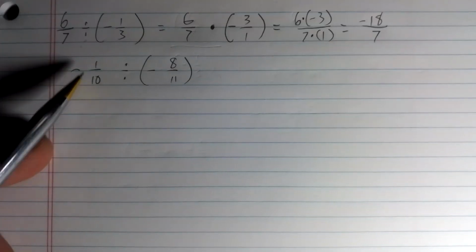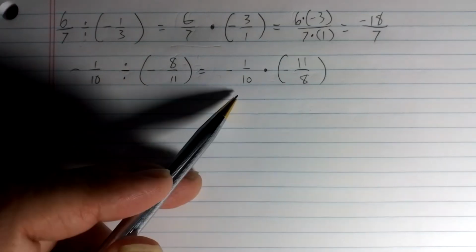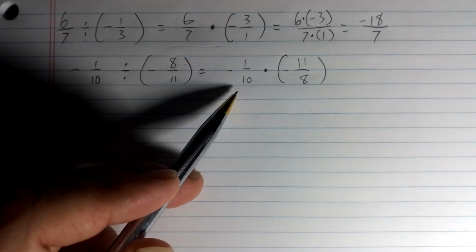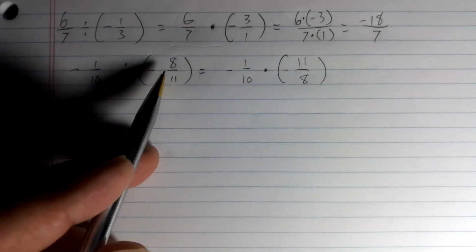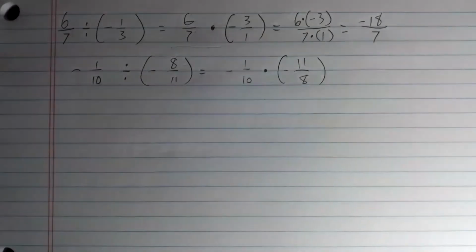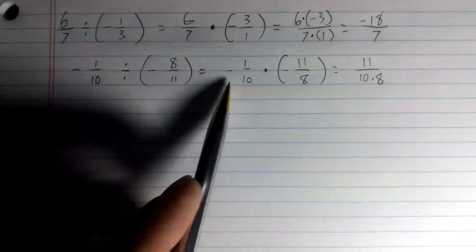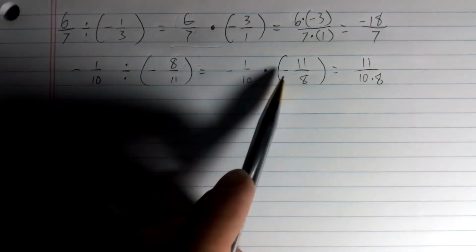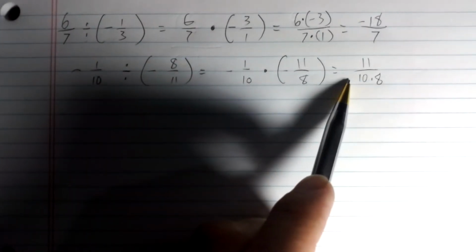Let's look at -1/10 divided by -8/11. Notice everything I've done when I've rewritten this. The -1/10 has stayed the same. My 8/11 has been flipped, and I've changed my division sign to multiplication. Now, I have been writing a lot of -1s up here to show you exactly what's going on, but at this point, if you see two negative signs being multiplied by each other, you should know right away this is going to be a positive answer.